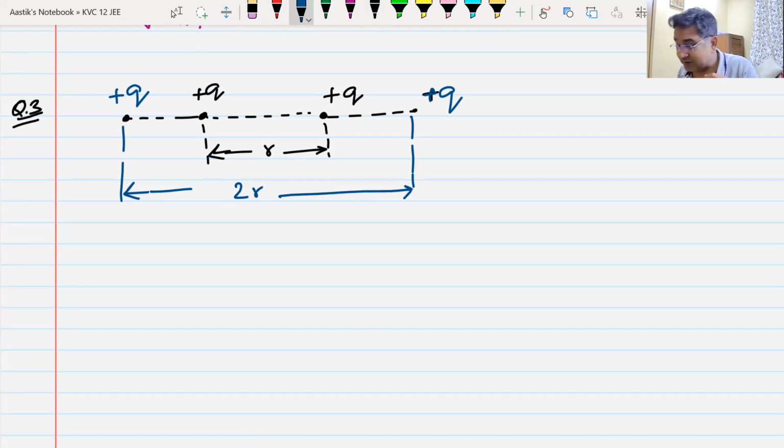Now since this is the cousin brother, they don't have the same masses. I hate wrong colors. So the mass of this is M1 and the mass of this is M2.